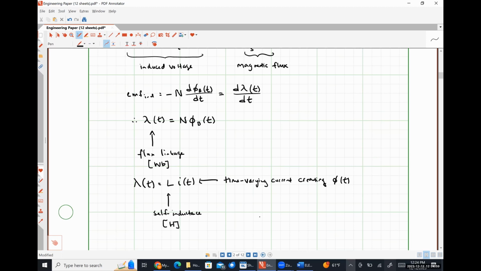So another way to think about this is that inductance L is the flux linkage divided by the current that's generating the flux.